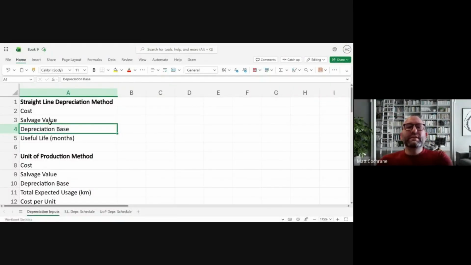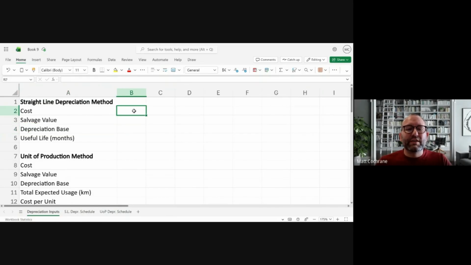What you can see is our depreciation inputs tab. I'm going to go through both the straight line depreciation schedule creation and the units of production, or units of usage, depreciation schedule, as we're talking about a car in kilometers. We'll do each one of these in turn. First, we're going to start with our straight line depreciation method.